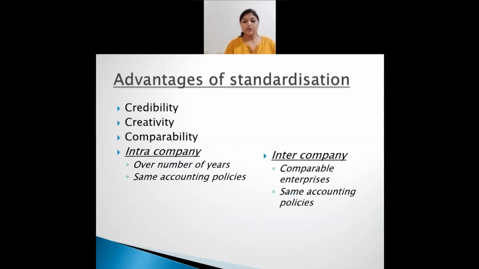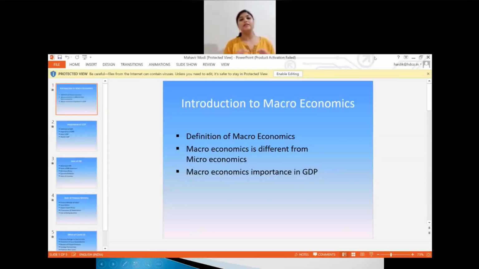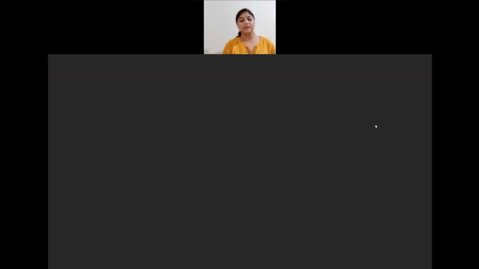Next, when we talk about having a standardized accounting policy, we are talking about the advantages. What are the advantages that we need a standardized accounting policy throughout the organization? So first is credibility. When you adopt standard accounting policies and accounting principles, your books of accounts and your financial statements are more credible.